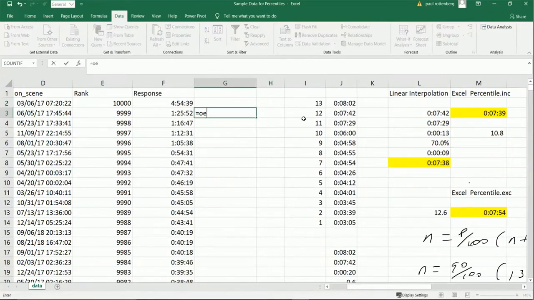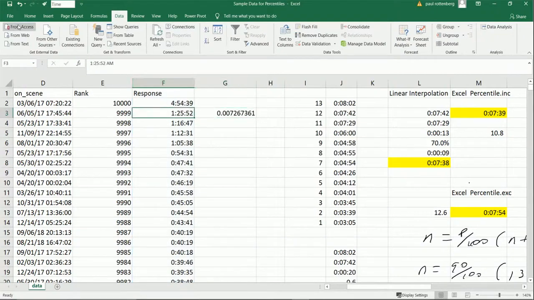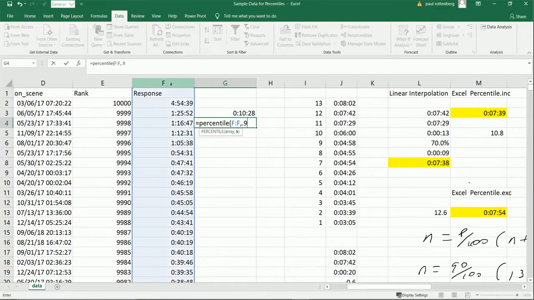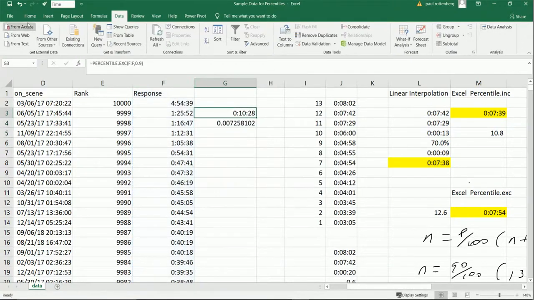So if we go equal sign percentile.exc, and we take this data array, put in the 90th percentile, we get 1028, and if we did equal sign percentile.inc, take the data array and 0.9, we get, I believe it was 1027.